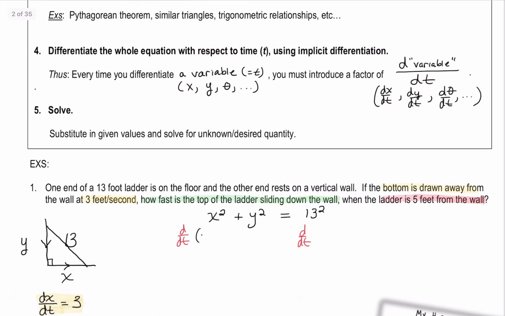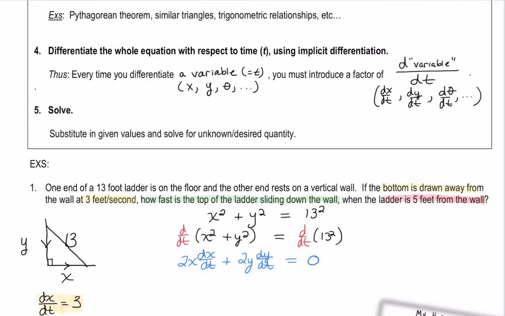So we are taking the derivative of the left side with respect to t and the derivative of the right side with respect to t. Okie doke, so let's see what we got here. These are the mechanics of implicit differentiation. So 2x, just differentiated an x, so multiply by dx dt, plus 2y, just differentiated a y, so multiply by dy dt, equals the derivative of a constant, which still goes to 0.